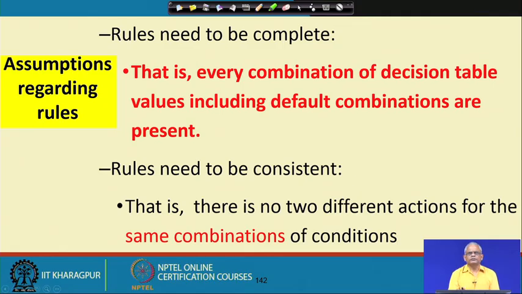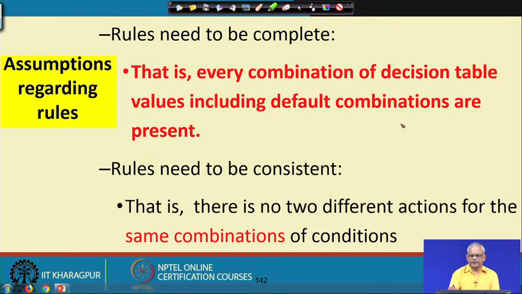Now, in the decision table based testing, we must ensure that all possible combinations of the decisions of the conditions are taken care of, and also we must ensure that the rules are consistent. That is, it should not be the case that for the same combination of conditions we are writing two different actions. That is inconsistency basically.